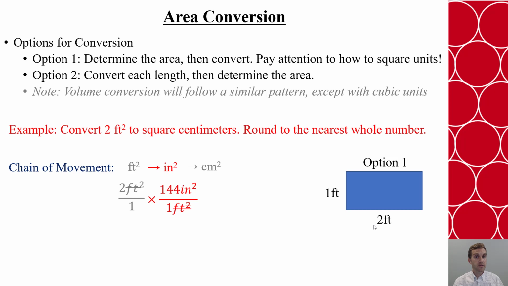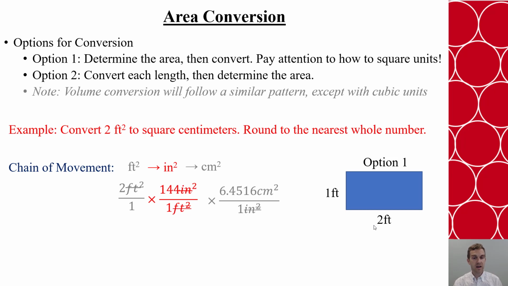Now I'm going to convert from square inches to square centimeters. Again, 1 square inch would equal the quantity of 2.54 centimeters squared. So 2.54 centimeters squared is 6.4516 square centimeters.